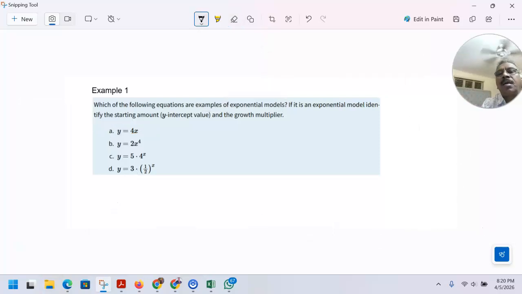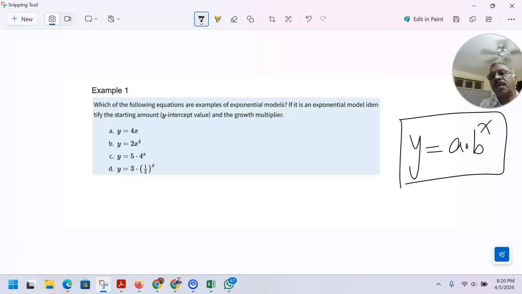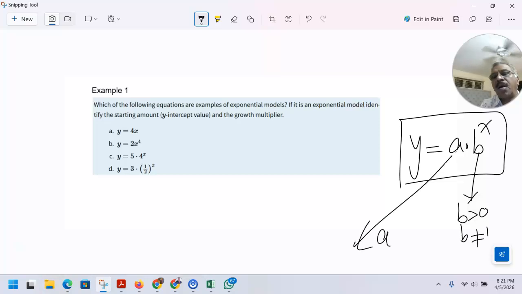So whenever you define an exponential function, you want to make sure this b has to be greater than 0 and it should not be 1. And this a could be any real number. There is no restriction on that. So the main thing is this b here.